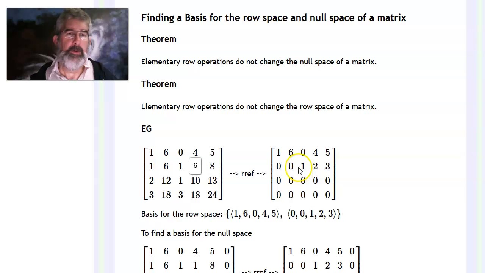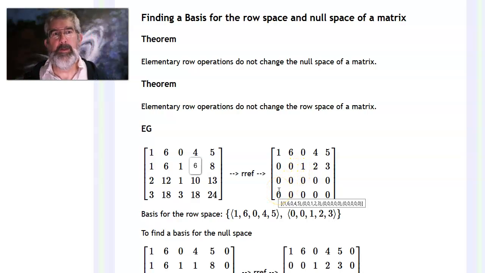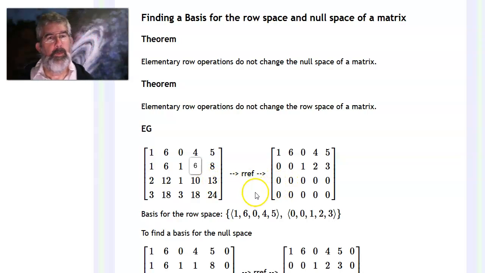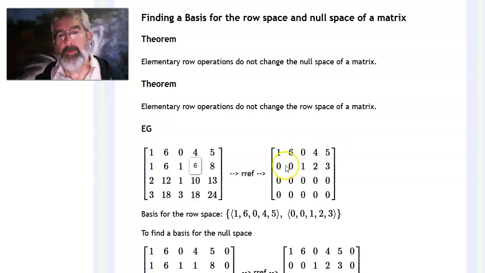Because with only 2 being left, the dependency is one of them a scalar multiple of the other. And clearly this first row is not a scalar multiple of the second, or vice versa. Right? And so those are independent rows. I only did row operations to get from here to there. So my claim is that those 2 rows are a basis for the row space.